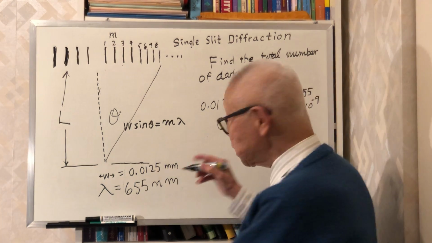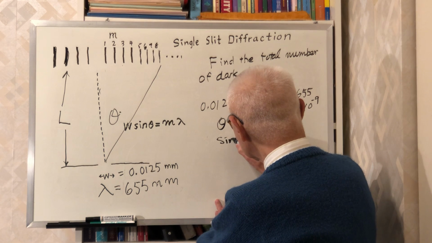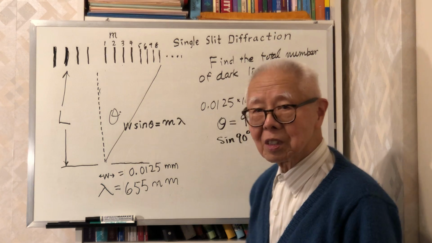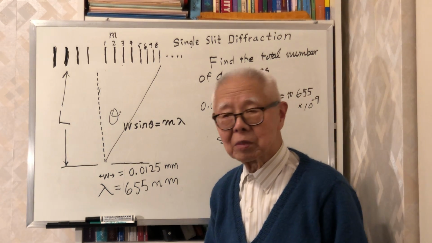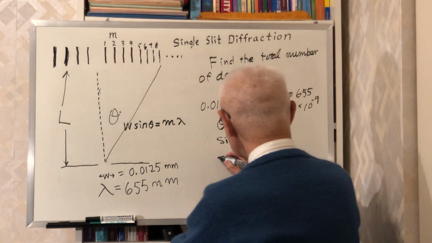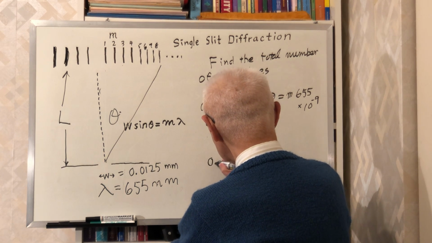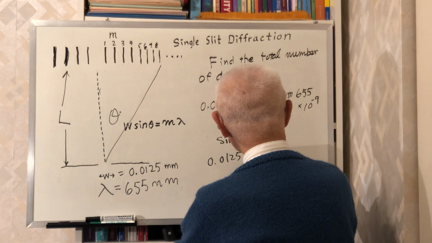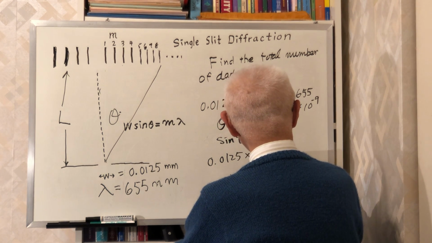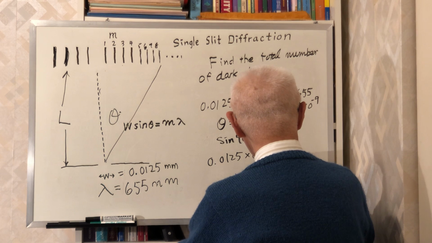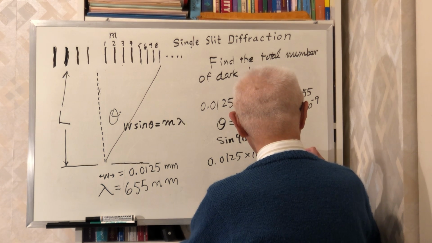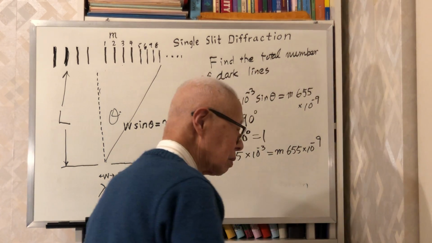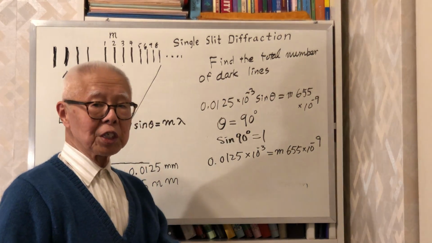For 90 degrees, sine 90 degrees is just 1.